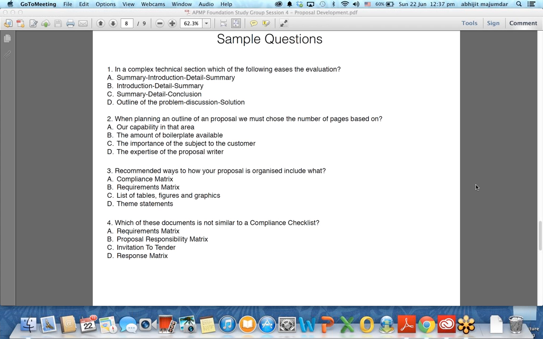In that case, you should not include your cost in your executive summary. Your team structure, you do not need to include, but you can always include the strength of your team.